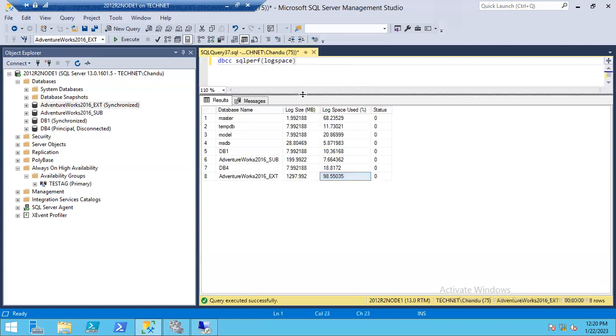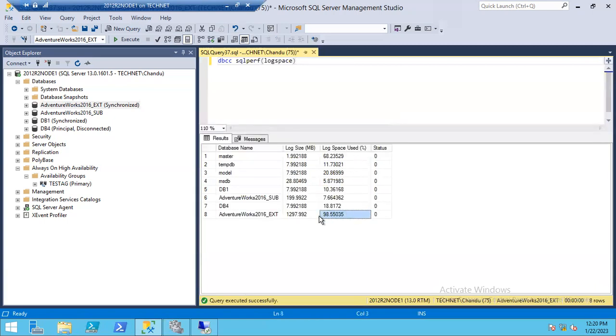Once you identify that it is utilized 98%, you will have to see the reason for not being able to truncate the transaction log file. As soon as the transaction log file is truncated, the log file utilization will be reduced and VLFs will be reused.